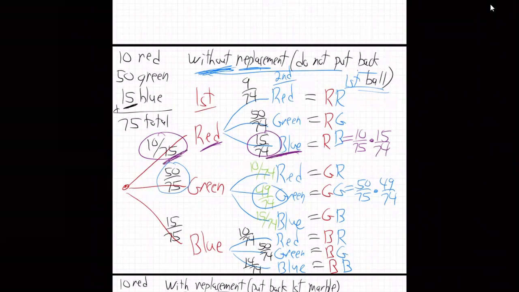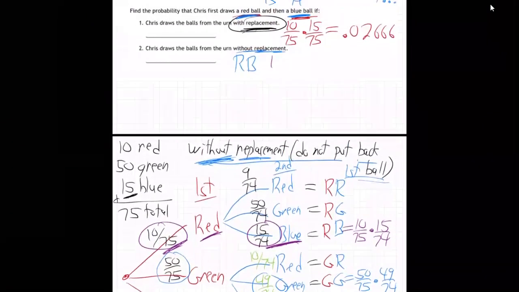Red then blue. Hit the buttons on your calculator. I'm getting 0.027027, blah, blah, blah. That's good enough right there.